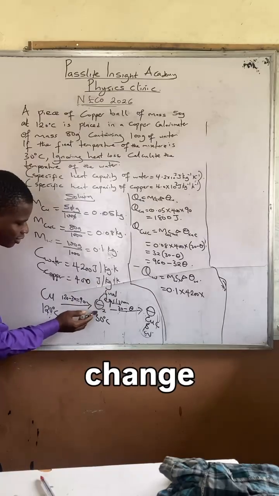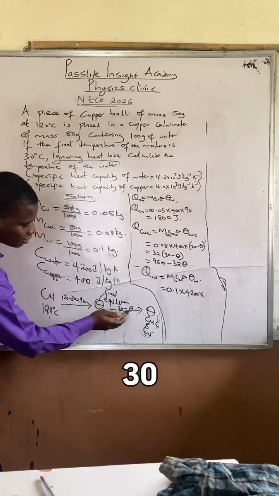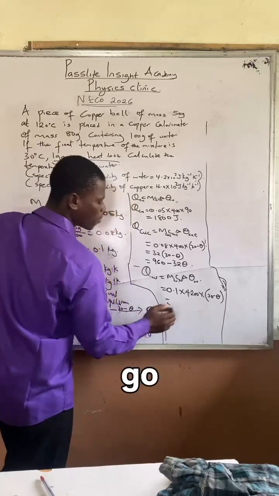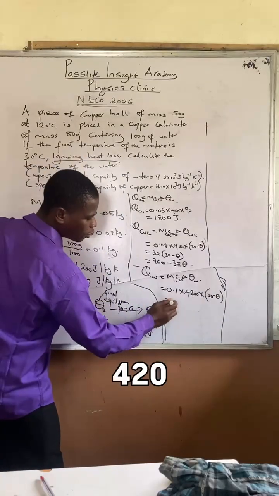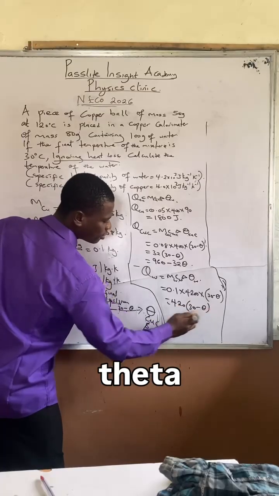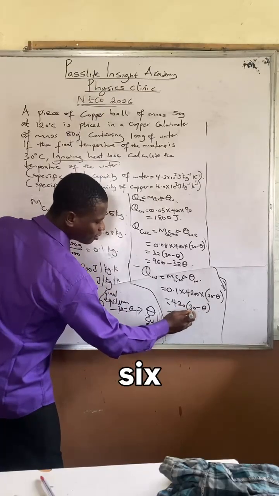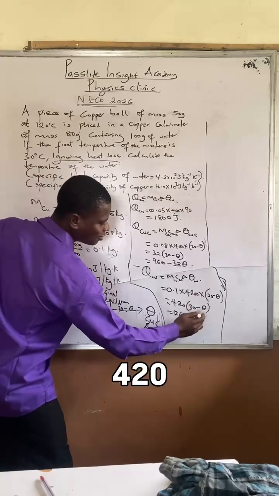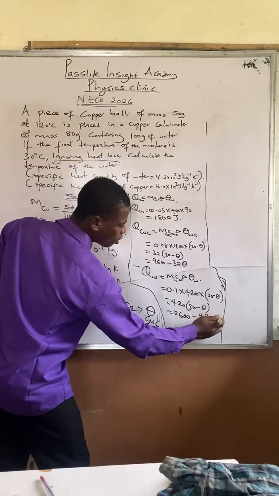The change in theta of water is 30 minus theta. So 0.1 times 4,200 is 420, times bracket 30 minus theta. So that is 12,600 minus 420 theta.